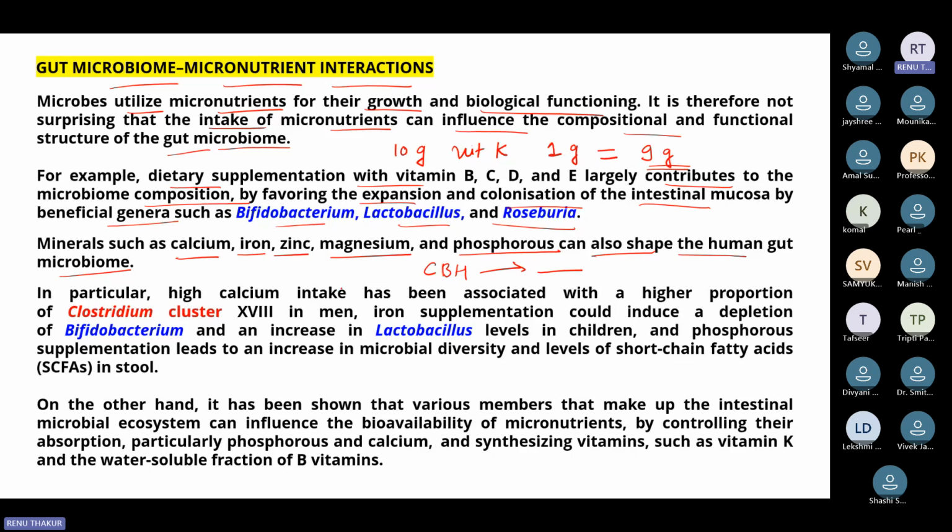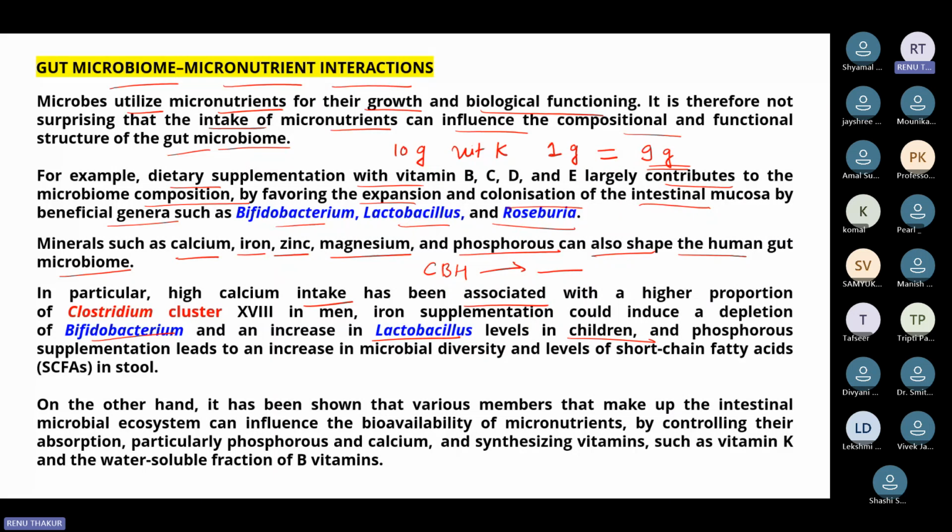High calcium intake has been associated with a high proportion of Clostridium cluster in men. Iron supplementation could induce a depletion of Bifidobacterium and an increase in Lactobacillus level in children. So you can see, if we are taking some kind of supplement, it may or may not have some side effect. This is the side effect.